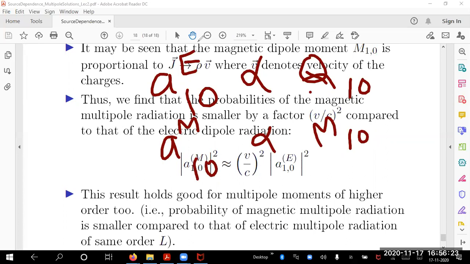So what is Q10? It is proportional to rho, the charge density. M10 is proportional to velocity times rho. I am just writing it.